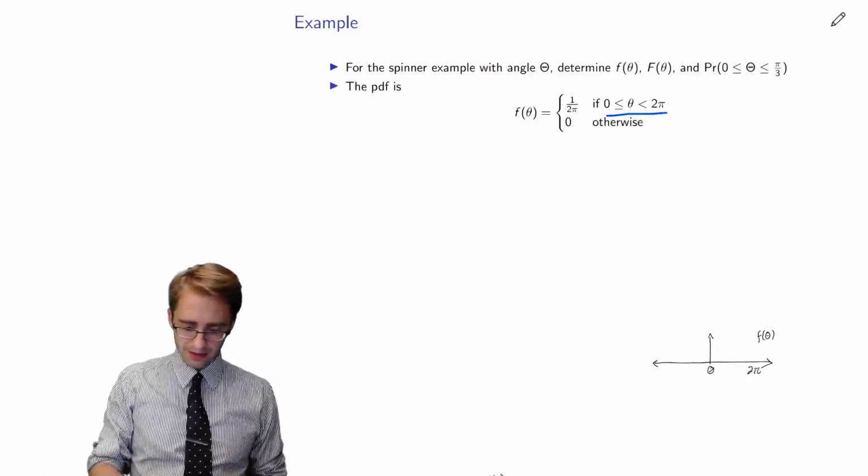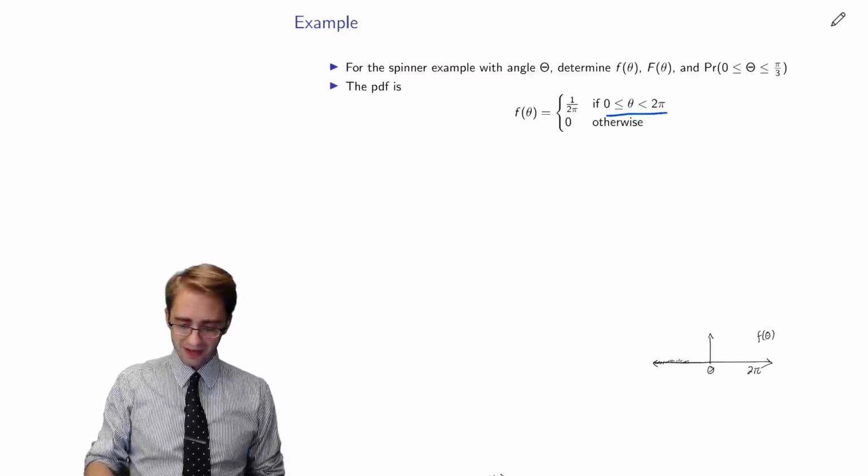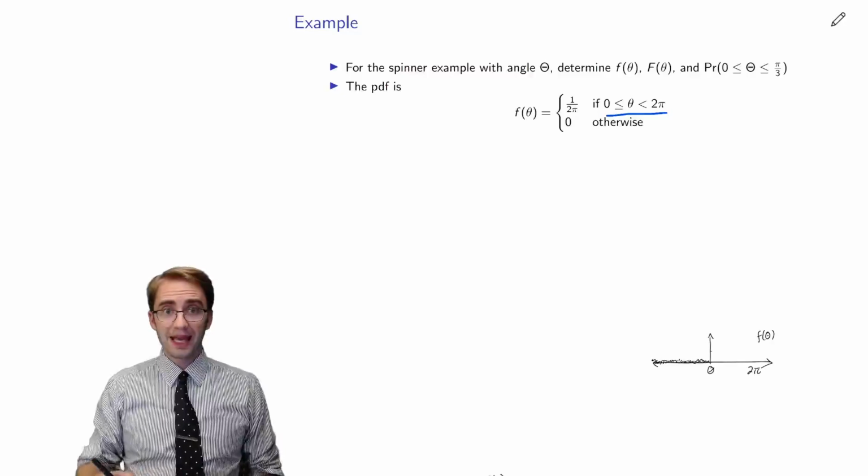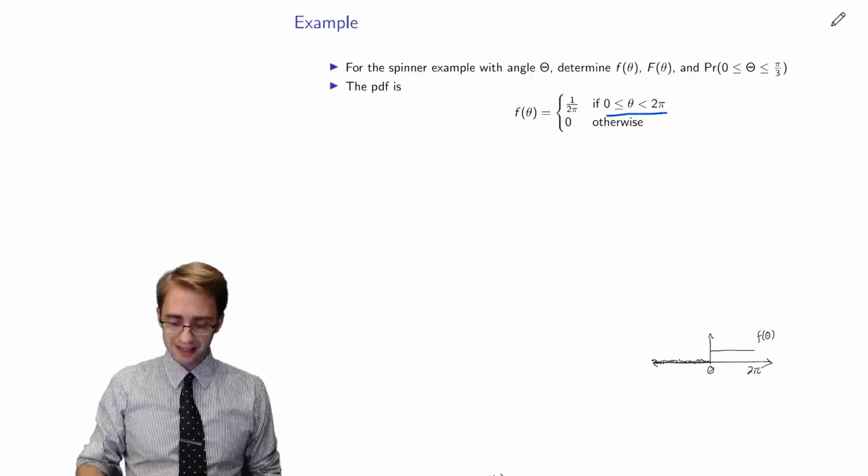I've already drawn the axis, so I'm drawing this part in there. And then I'll do the line over here. It's flat from 0 to 2 pi, and it's a flat line because it's constant, and then it goes back to being nothing like that.